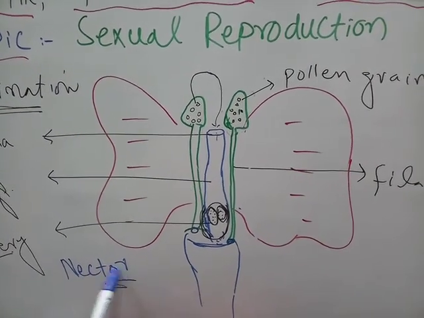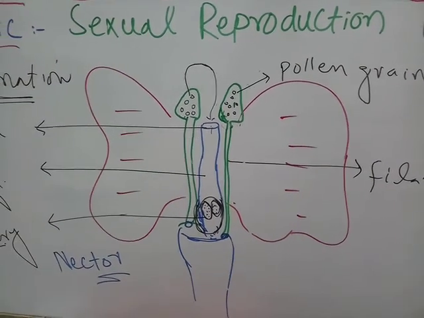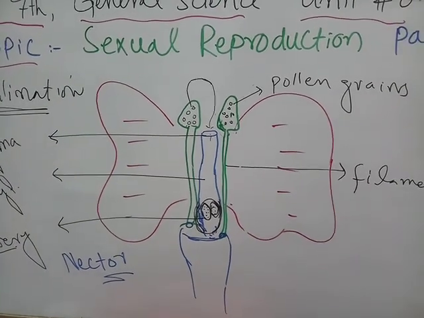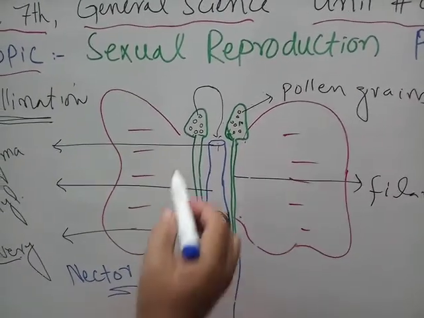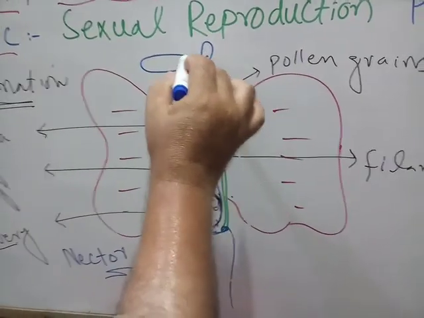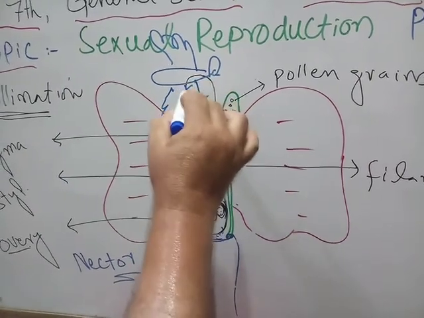So this is a sweet liquid, and insects are attracted by the flower to suck this nectar. So when an insect comes here, for example, this is an insect, it has wings, it has legs.